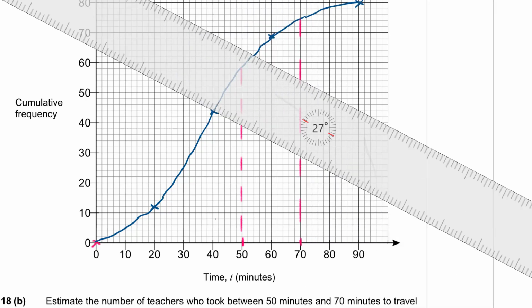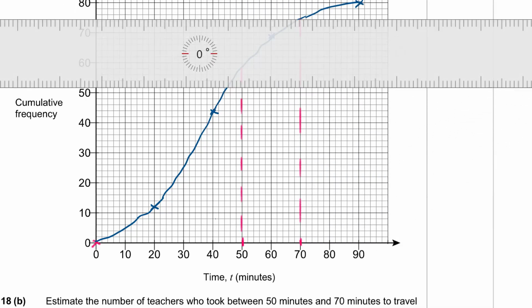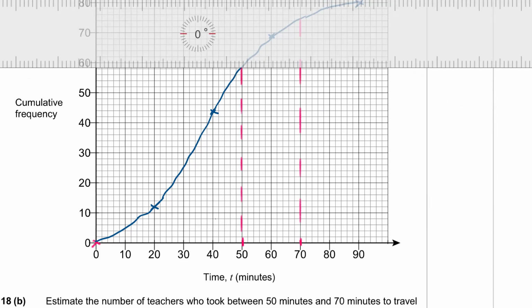So just join up to the graph. 50 and 70, and then across.